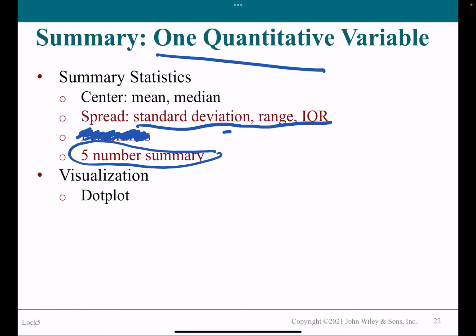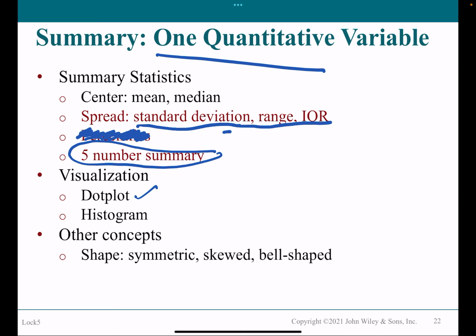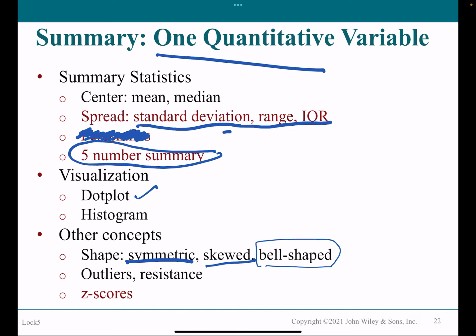Then we visualized this using a dot plot, histogram, and some other concepts, shapes, whether it is symmetric, skewed right or left, or simply bell shaped. Then we talked about resistant measurements, and how these measurements work if we have outliers. Lastly, we talked about the z-score: z equals x minus x bar divided by s. Z-score, standardized score, standardization.